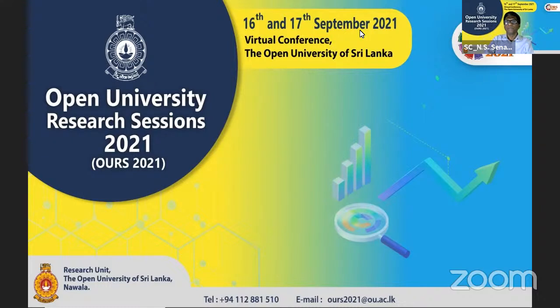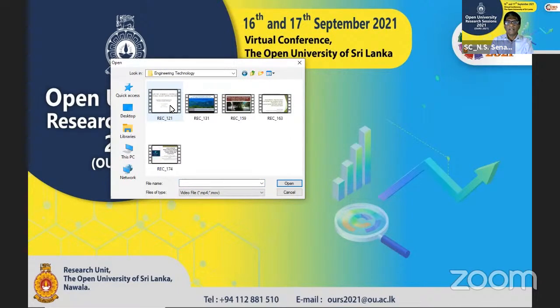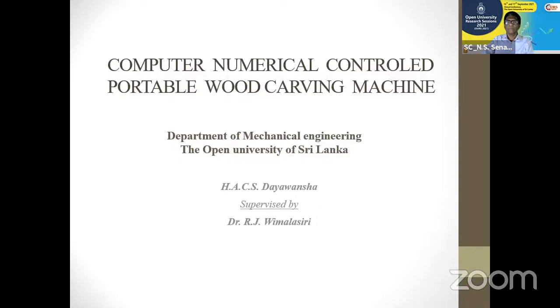The first is paper ID 121, CNC portable wood carving machine. Authors are HACS Dayavansa and RJ Vimalasiri. The presenter is HACS Dayavansa. Over to Mr. Dayavansa.